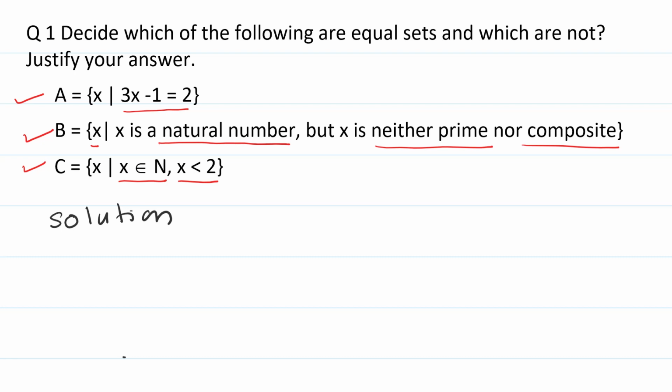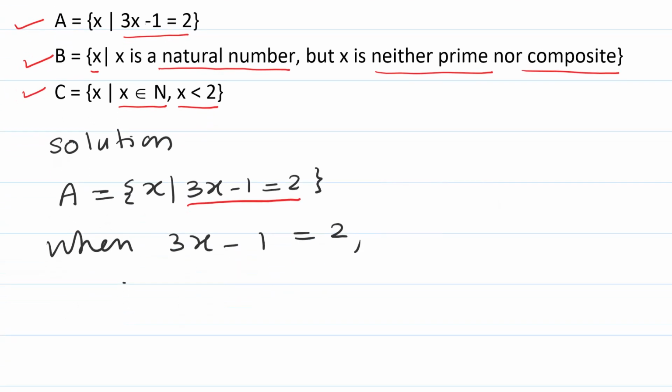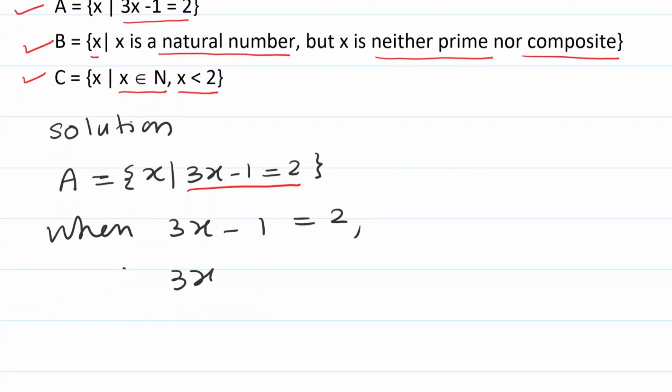Consider set A. A is set of all x such that 3x minus 1 is equal to 2. Now we'll find out all numbers satisfying this condition 3x minus 1 is equal to 2. So when 3x minus 1 is equal to 2, then 3x is equal to 2 plus 1 and therefore 3x is equal to 3.